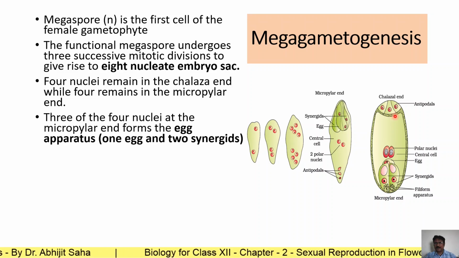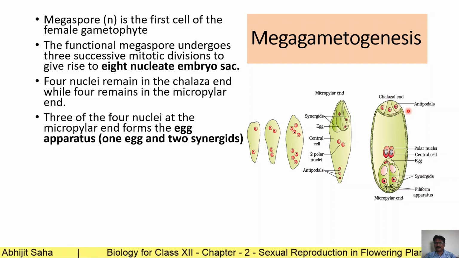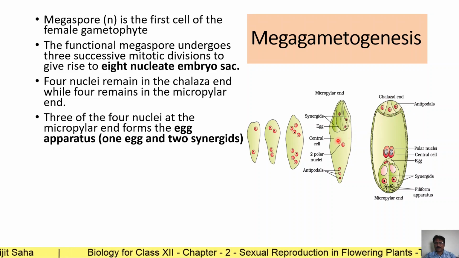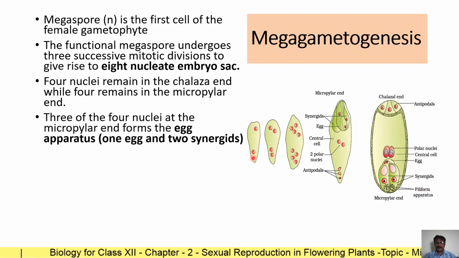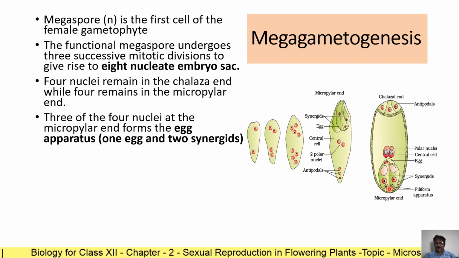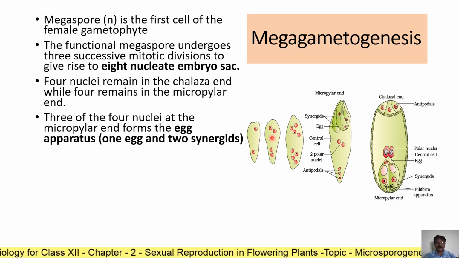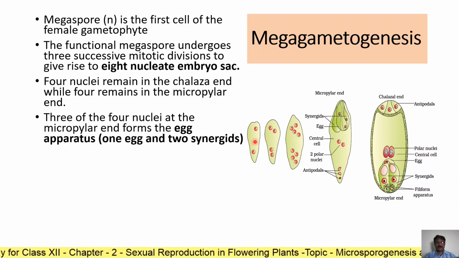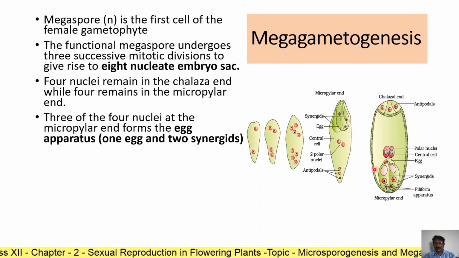Opposite to the micropylar end is the chalaza end, where there are three antipodals. One thing you must remember: since all these nuclei are formed from one cell, the megaspore, which was a haploid cell, all these nuclei are haploid.